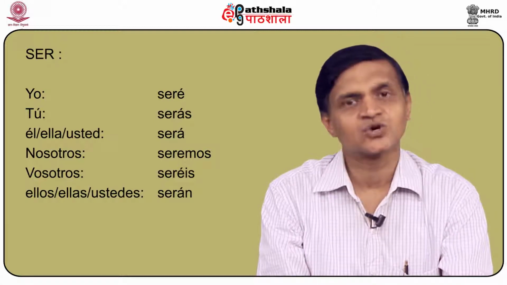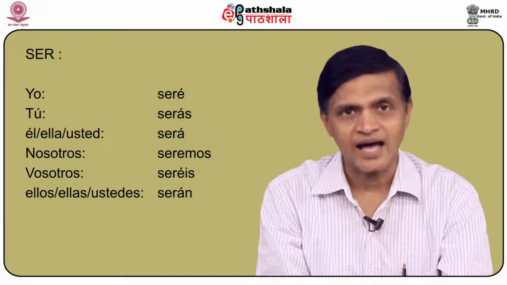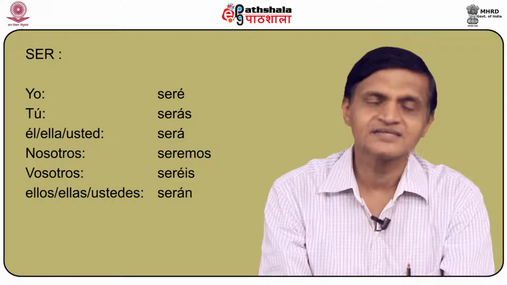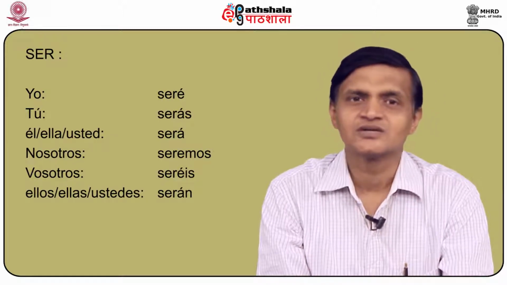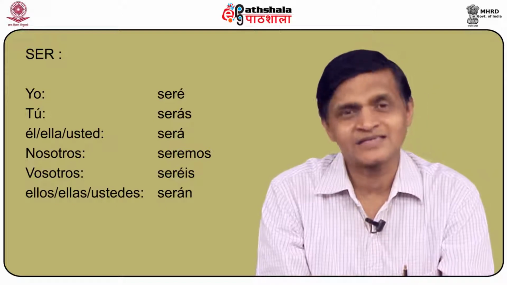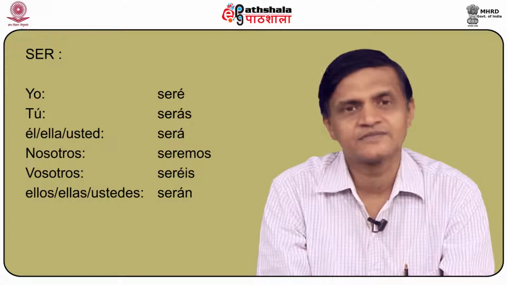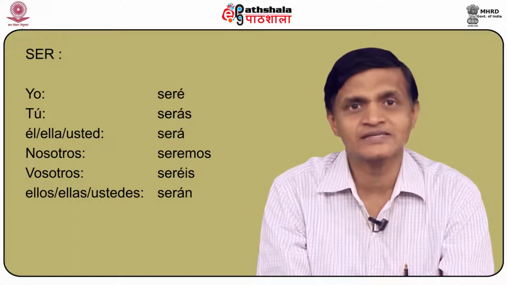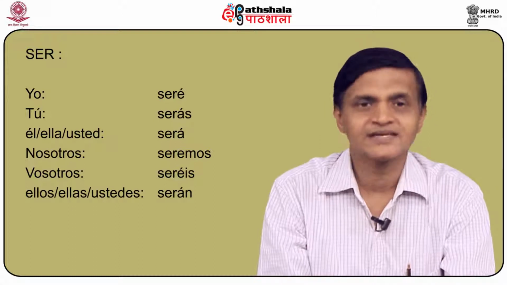I repeat, the conjugation of ser in the future is seré, serás, será, seremos, seréis, and serán. The very famous important English song Que será será is from Spanish, which means whatever will be, right? So ser in the future is seré, serás, será, seremos, seréis, and serán.